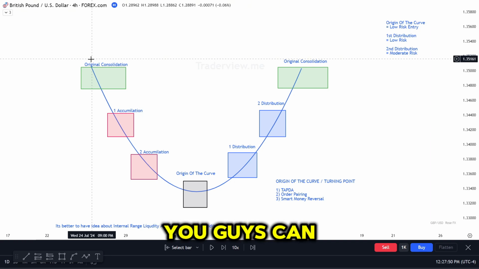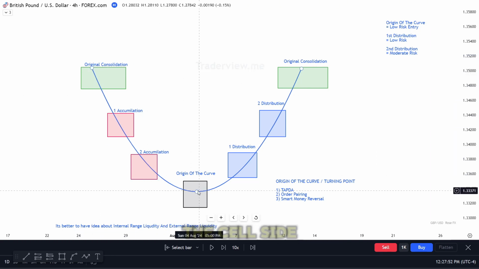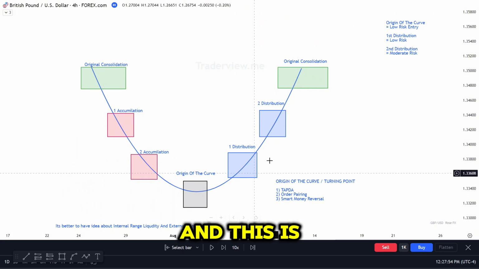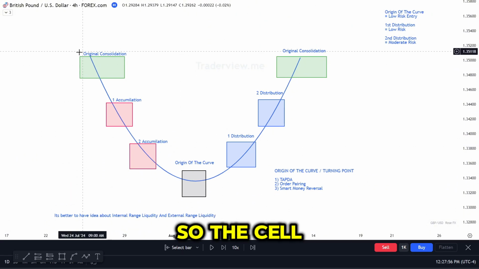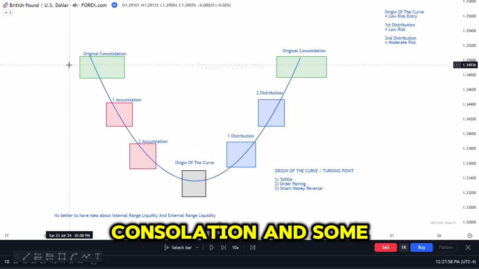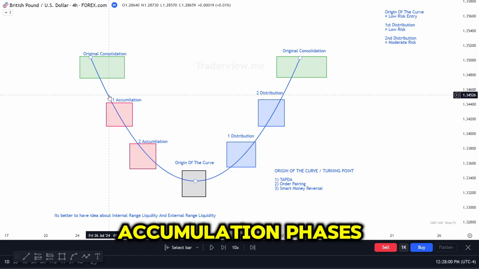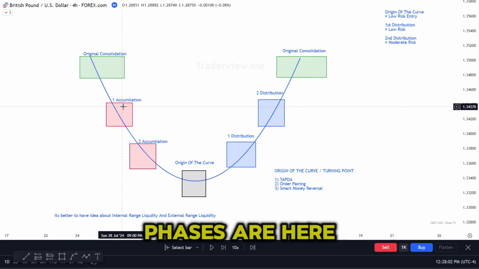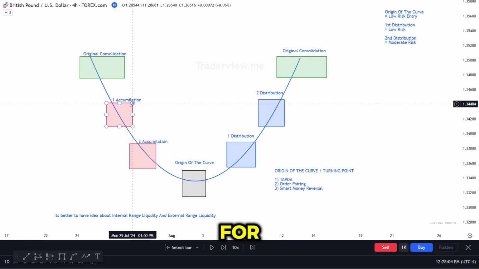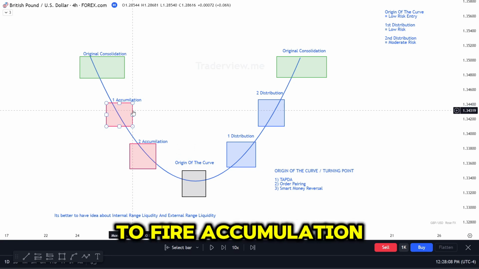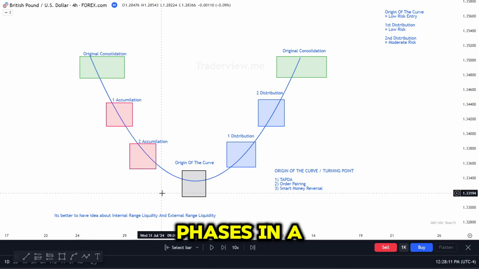Over here you can see this is the sell side of the curve and this is the buy side of the curve. The sell side of the curve consists of original consolidation and some accumulation phases. These accumulation phases are here for engineered liquidity. Most of the time there are 3 to 5 accumulation phases in a curve.